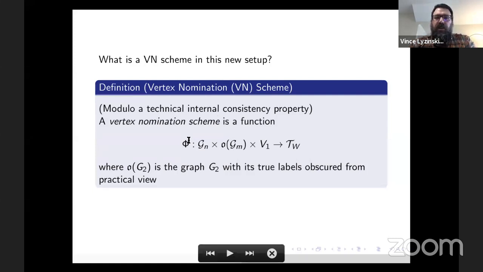But a VN scheme is nothing more than a function that takes the first graph, a version of the second graph that has its labels hidden so that there's no information in the labels in the second network, and the vertex of interest, and then it spits out a rank list of the vertices in the second graph. So it takes the two graphs and something that's interesting, and spits out a rank list.